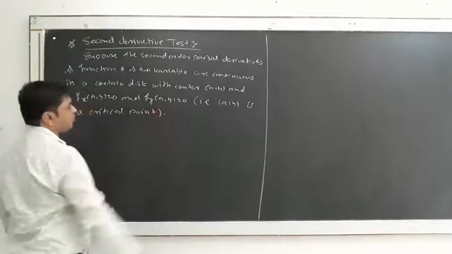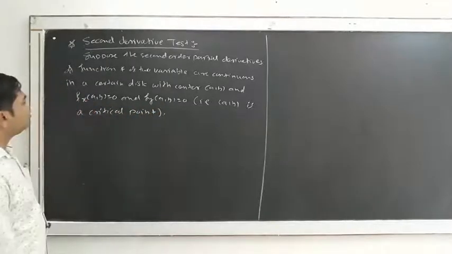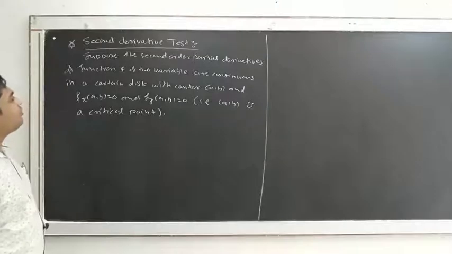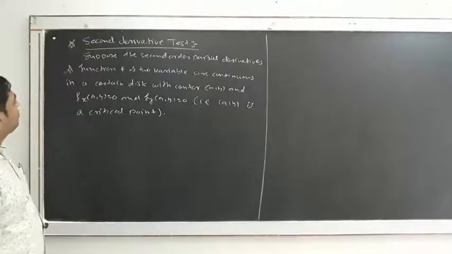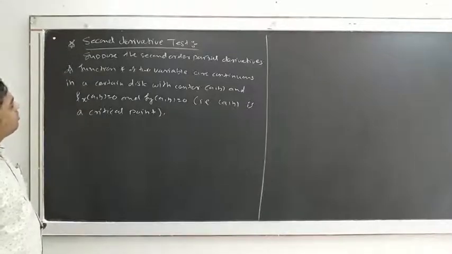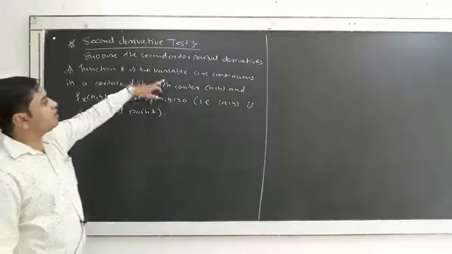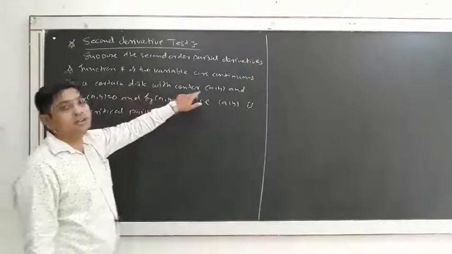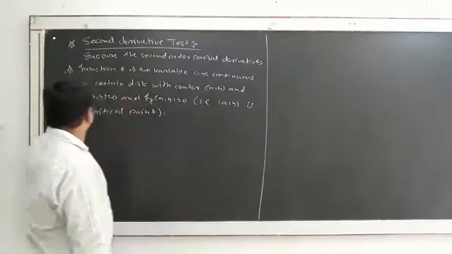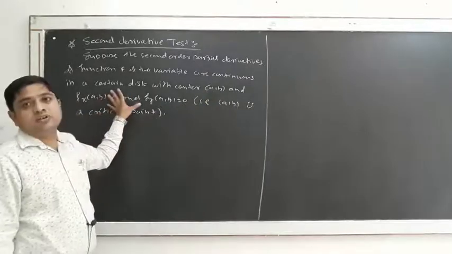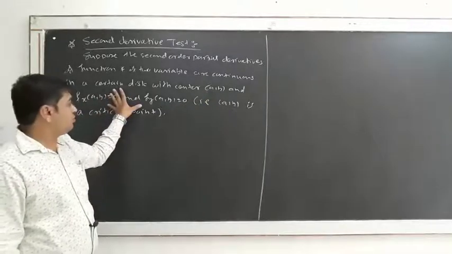That means what we have written: f is a function of two variables and its second order partial derivatives exist and are continuous in a certain disk with center (a, b), or near (a, b), and the first order partial derivatives are equal to 0.